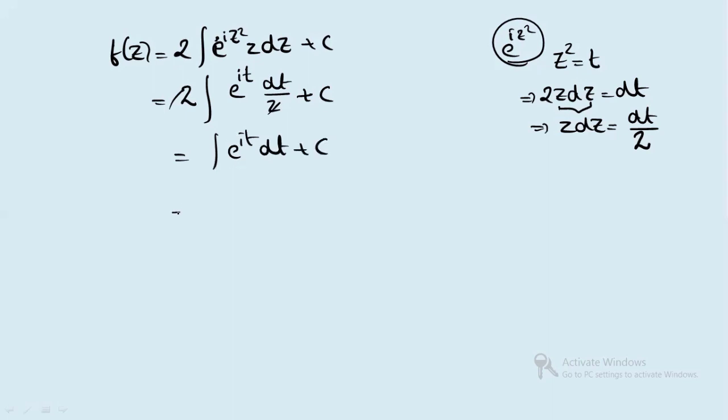The integration of an exponential is exponential, e to the power it, and here you will write 1 by i also, plus c. This i goes to the numerator, and it becomes minus i. So e to the power it, with t equals z², plus c. The correct option is minus i e to the power i z² plus c.